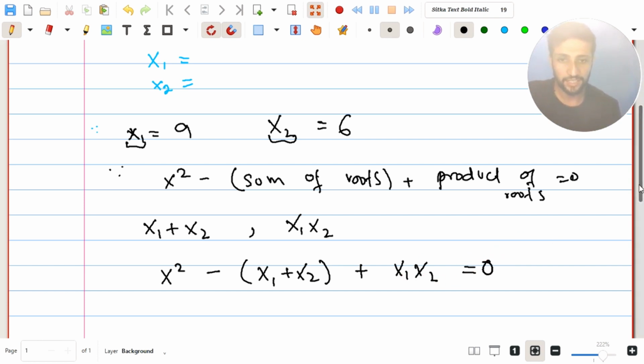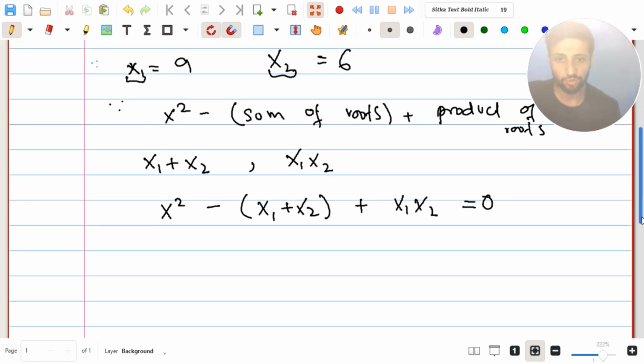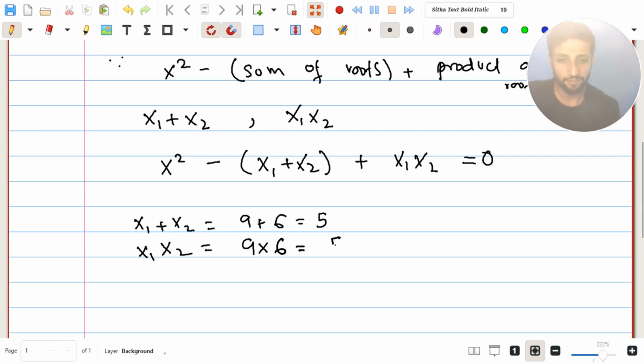So now see that in this example we have x1 is equal to 9 and x2 is equal to 6. So x1 plus x2, this is 9 plus 6, this is equal to 15. And if I want to find the product of x1 into x2, then you just need to find the product. 9 into 6 is equal to 54. So just plug in the values of x1 plus x2 and x1 into x2 in this formula over here.